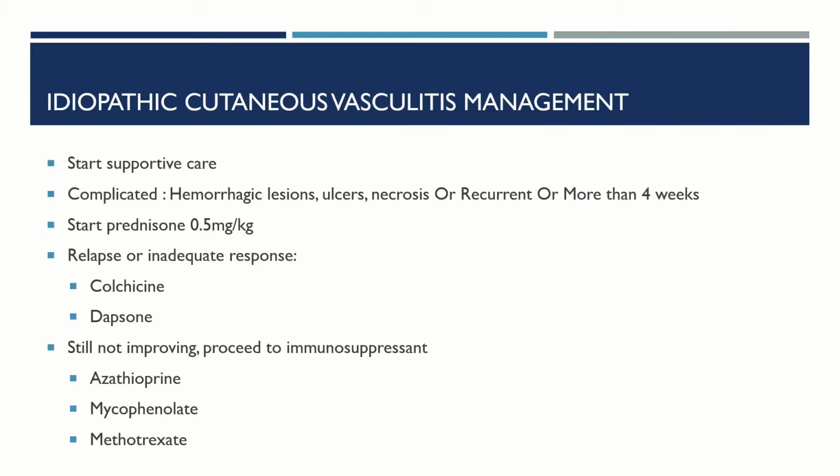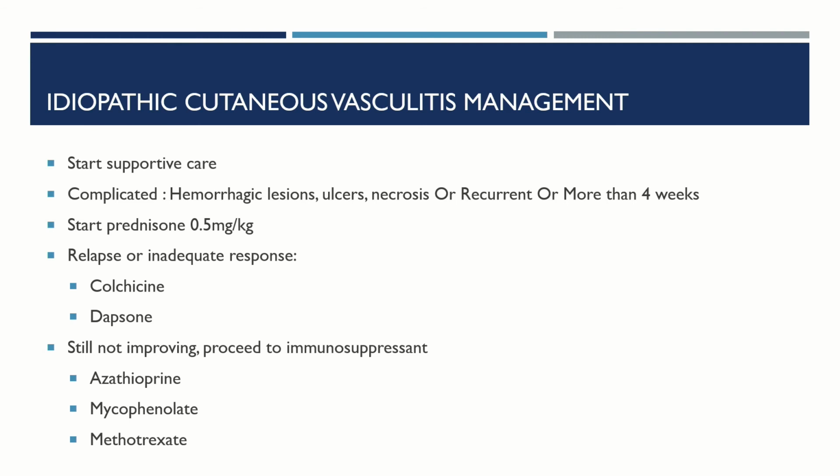So if a patient has complicated lesions, which are hemorrhagic, ulcers, recurrent, or more than 4 weeks duration, then you have to consider starting steroid at a dose of 0.5 milligrams per kilogram and continue that until the new lesions stop to appear. After that, you would continue steroid for at least 2 weeks and start gradual taper.